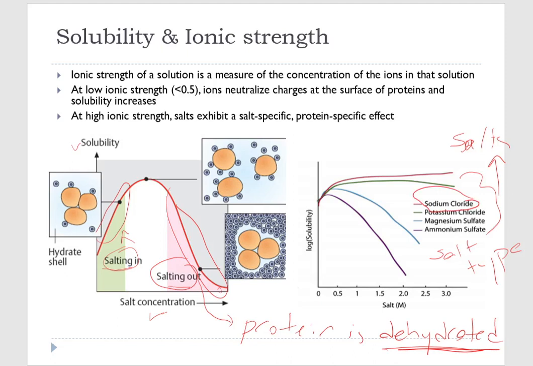If you want to separate your protein from a solution, then you can use ammonium sulfate. See here the solubility profile against salt concentration. This is the molar. Okay, let's move on and see other functionalities.